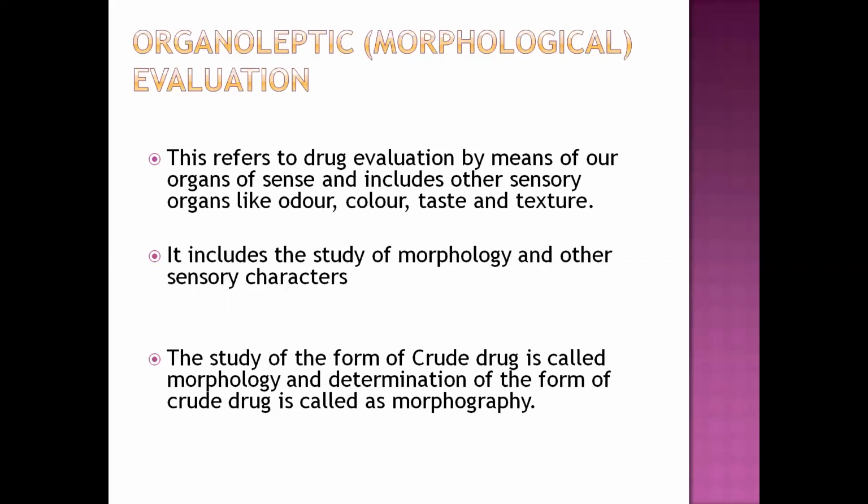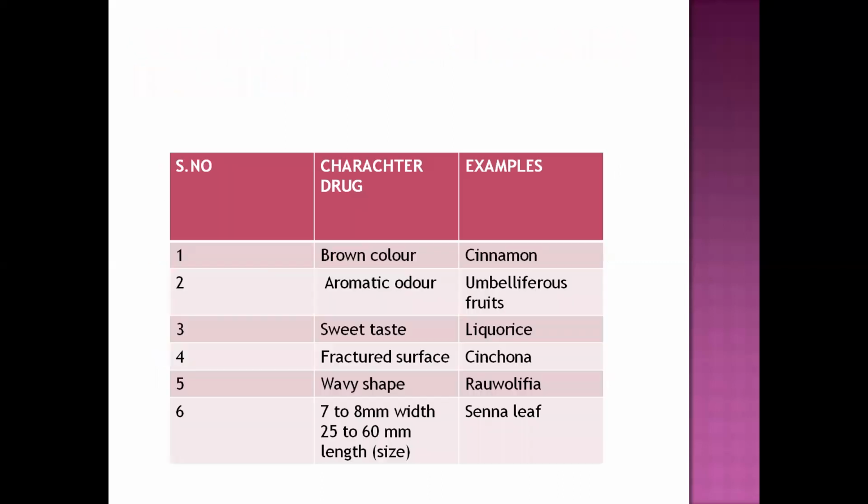It includes the study of the morphology and the other sensory characters. And what is morphology? The study of the form of crude drugs is called morphology, and determination of the form of a crude drug is called morphography.